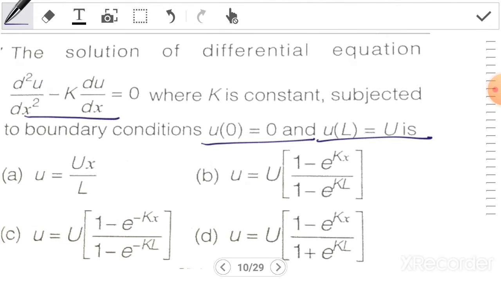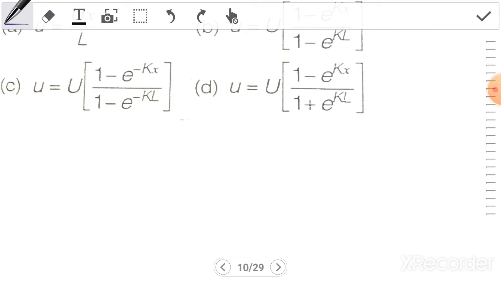So given is a second order linear differential equation. So here the complete solution will be equal to the complementary function, since there is 0 on the right hand side. So now we have to find the complementary function. So given D square minus k D u is equal to 0.